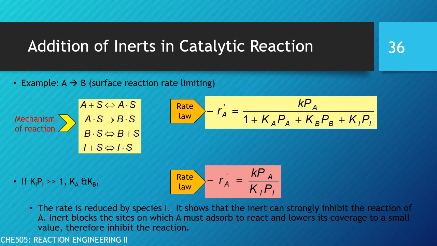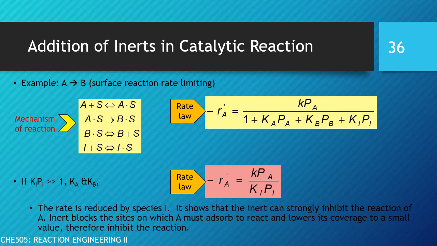This is the example for the addition of inerts in a catalytic reaction. Let's say for the reaction of A to B, it is stated in the question that the surface reaction is rate limiting. The mechanism of reaction is given as A plus S, reversible, A·S.